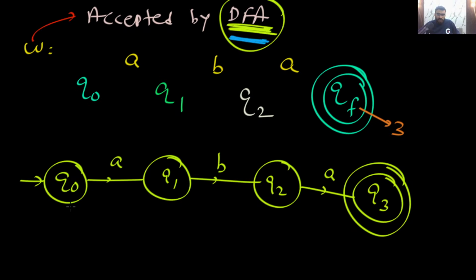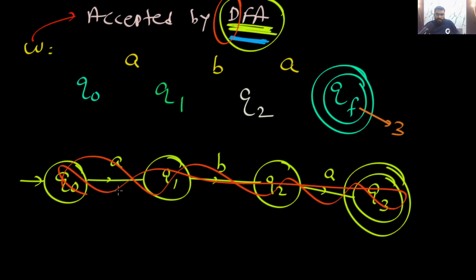So in a deterministic finite automata, from every state, on every input symbol, you must make a transition. Do you agree with me? Is this clear?